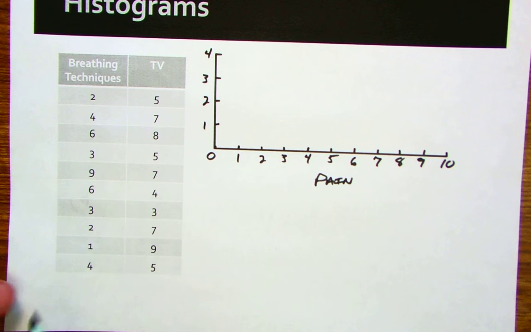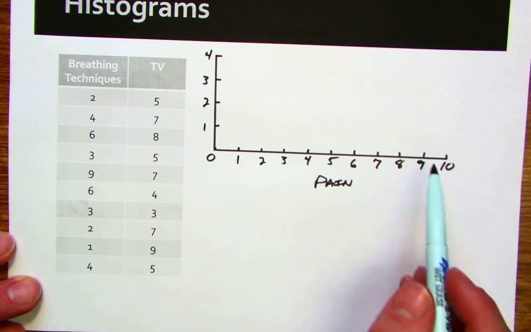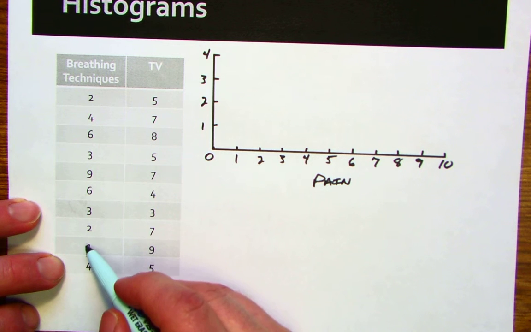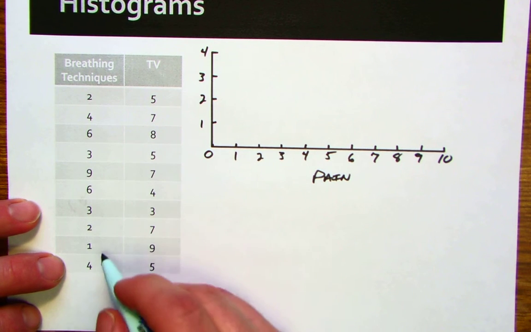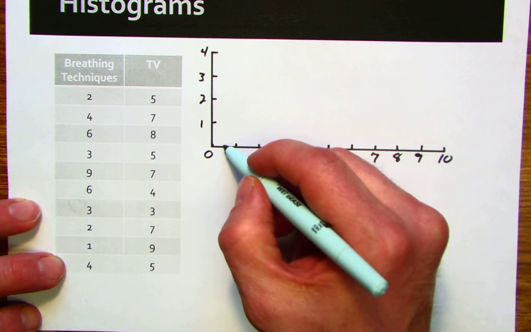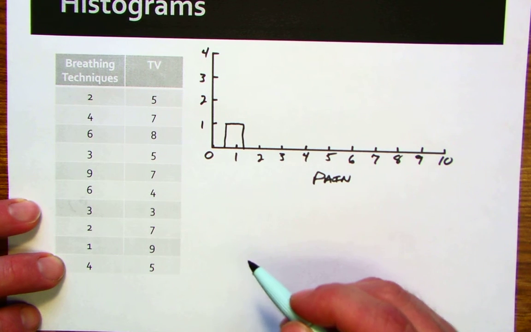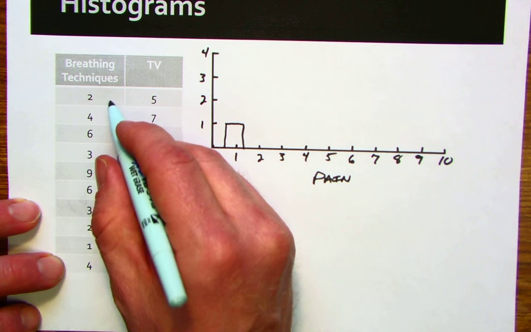So from here, we're going to look for that, and we're going to create our histogram. You'll notice here we only have one person who reported a pain level of 1, so we create that one there. And then we have 2 of 2.